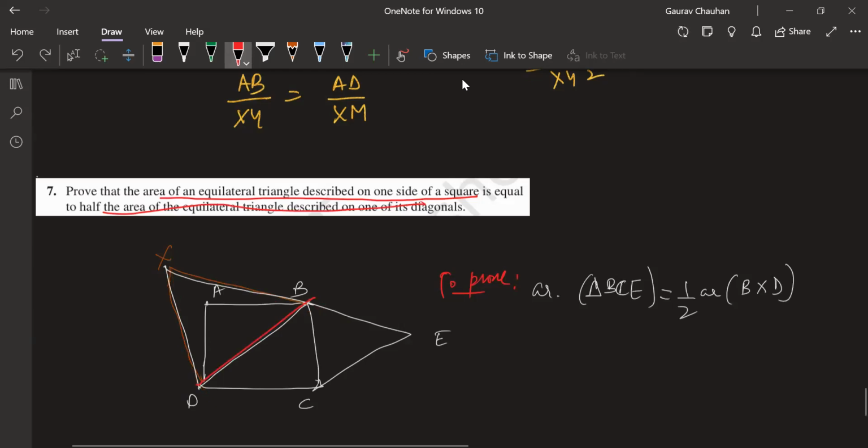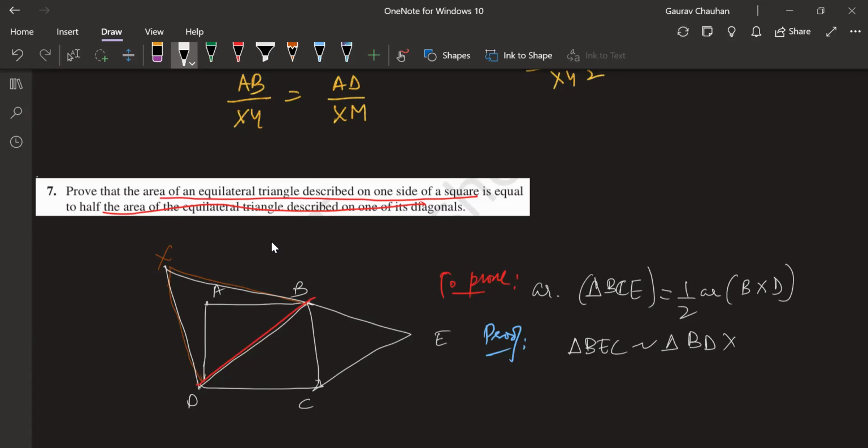Obviously these two triangles are both equilateral, which means all angles are 60, 60, 60, which means both are similar. So no doubt, when I write the proof, I can start with this statement only. Triangle BEC is similar to triangle BDX.